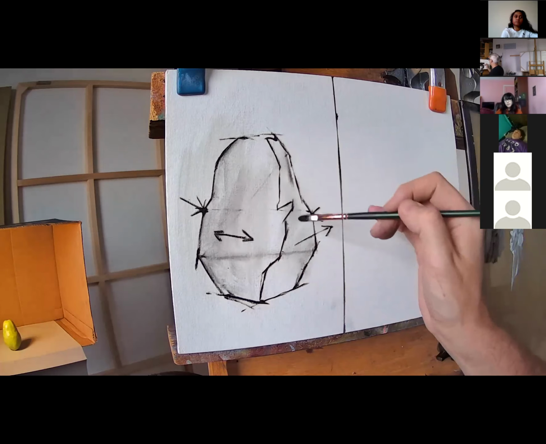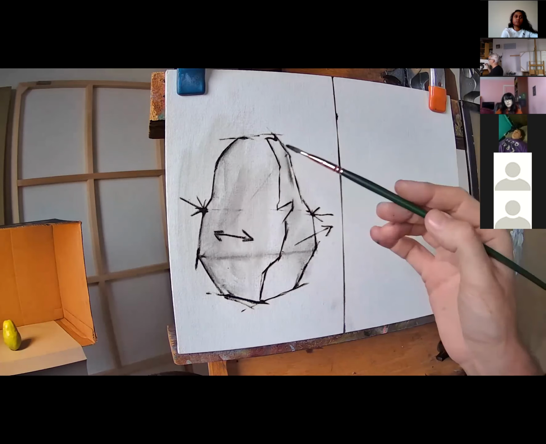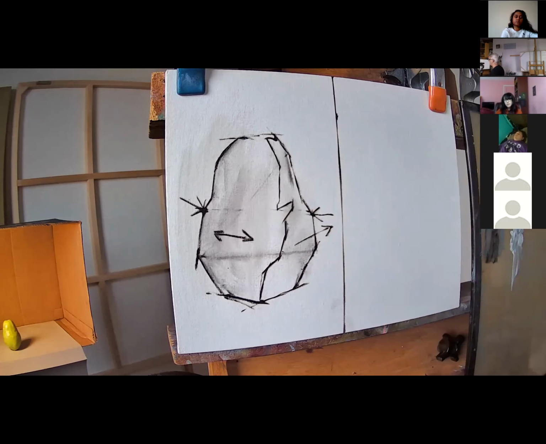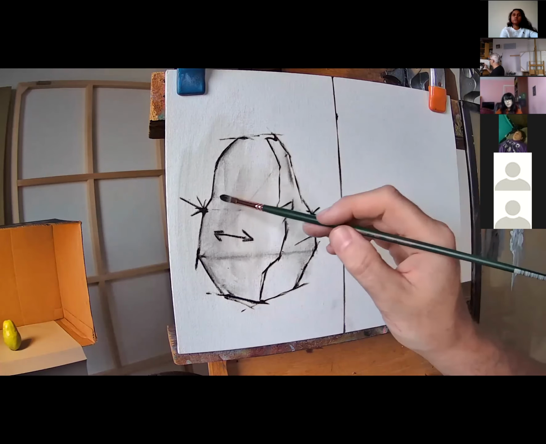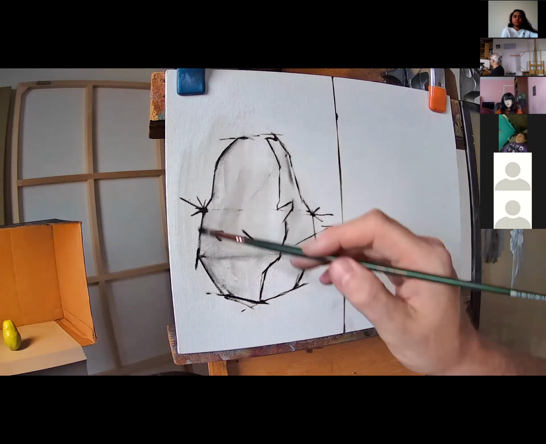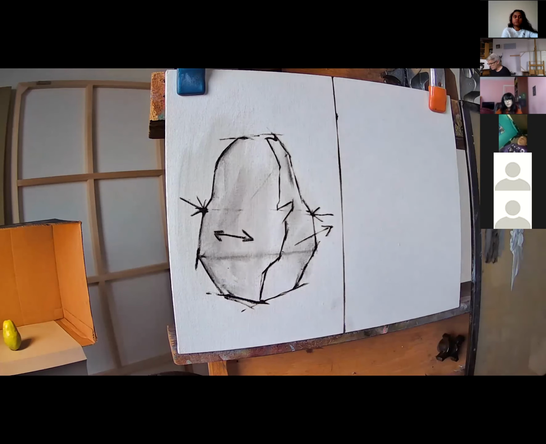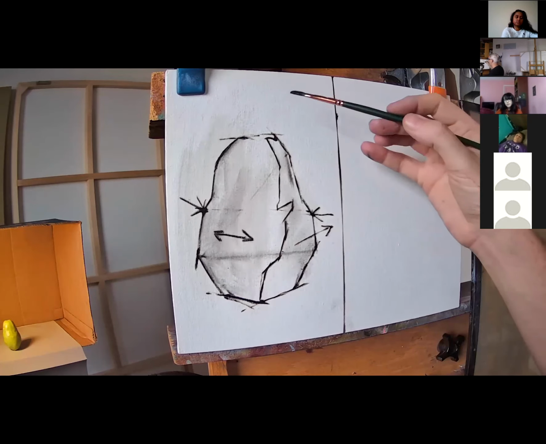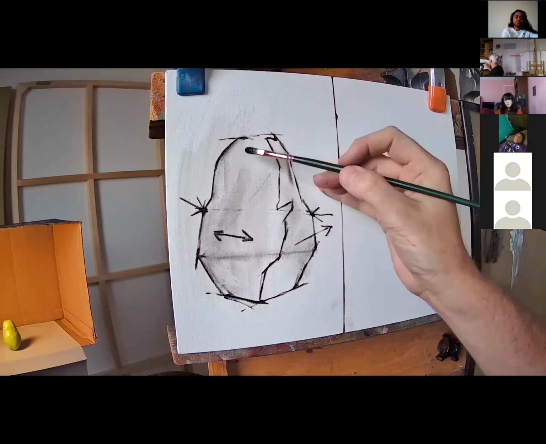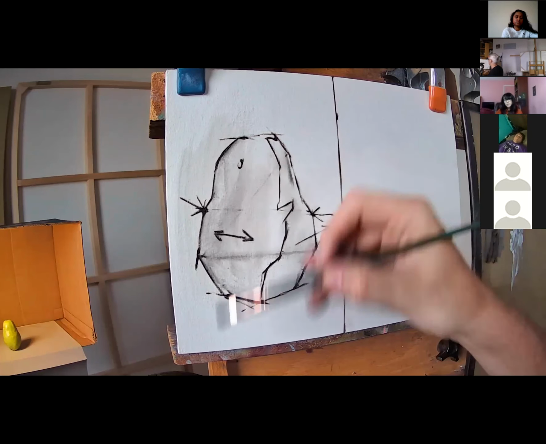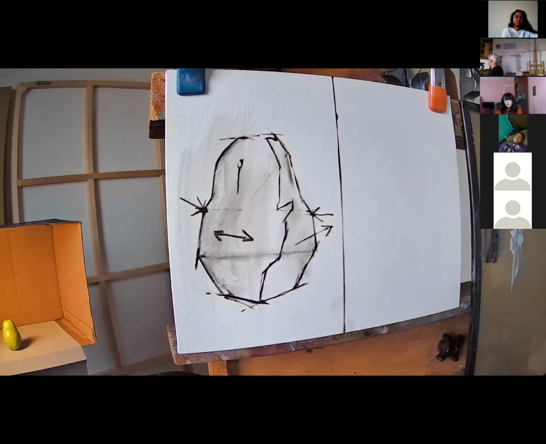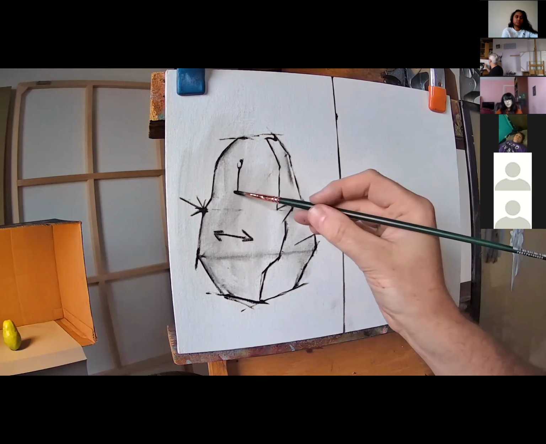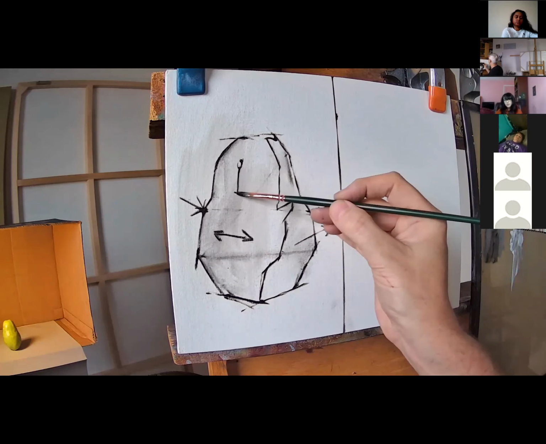Now let's look for the complexity of planes both within the lights and within the shadows. Look carefully at the image I showed you. What planar differences do we see within the light side of the form? One easy place to find that difference is I see a highlight right about here. And that highlight actually sits on something that I can discern as a planar shift on the form.